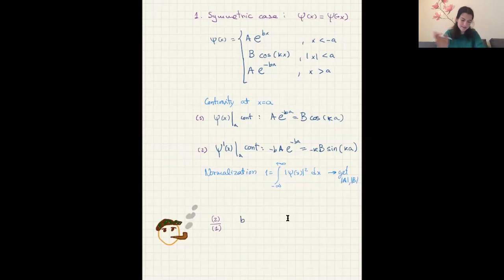Well, the minus signs cancel out on both sides, the a's cancel out, the b's cancel out, and this exponential cancels out. So what we get is b equals k, and then sine divided by cosine is the tangent, of ka. In fact, you can even put the k on this side.